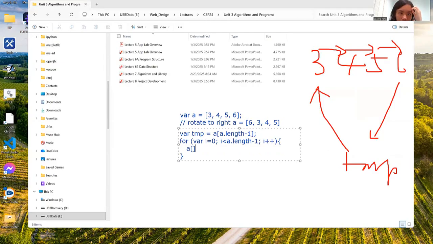And then A[i + 1] will be equal to A[i]. At the end, you do A[0] equals temp. This is called rotation of the array to the right.